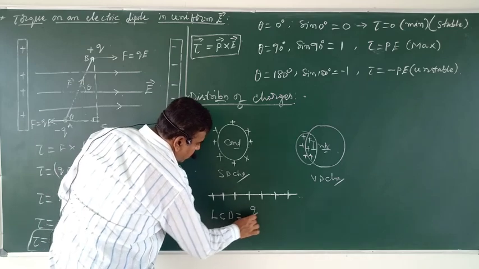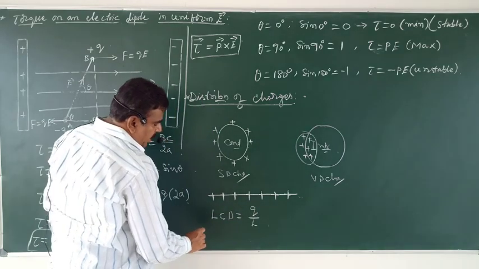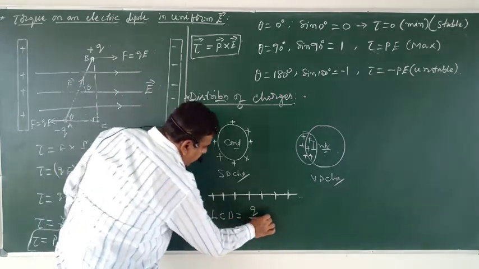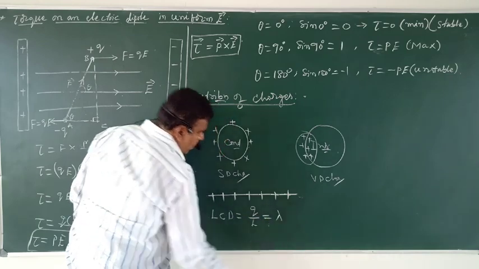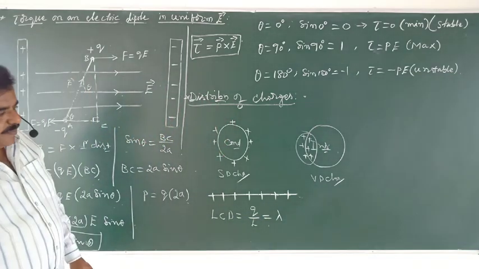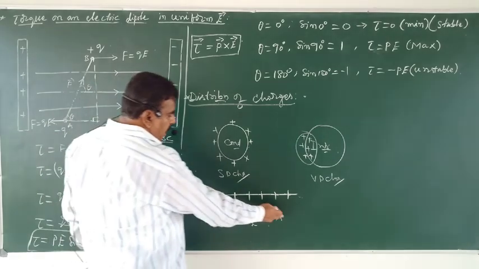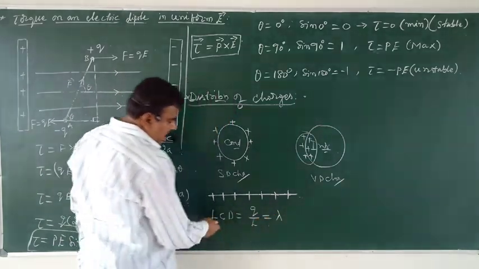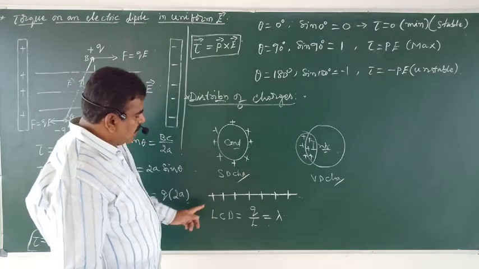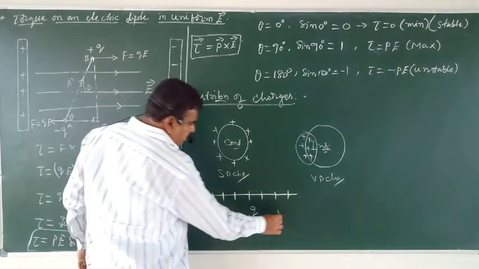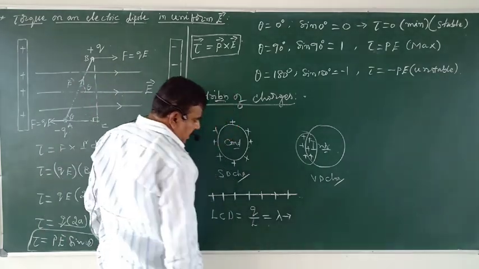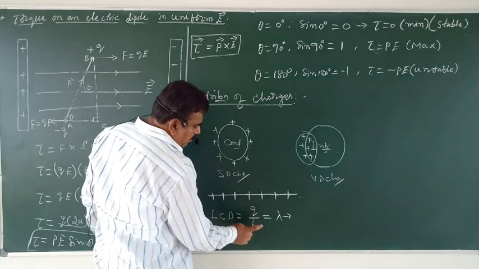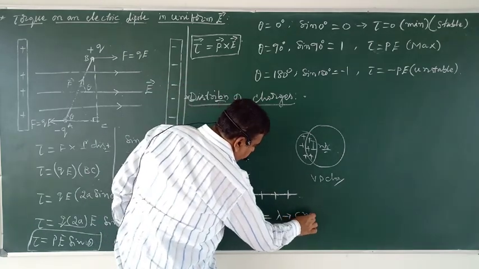It is denoted by lambda. Okay, for simplicity's sake, we are defining these physical quantities. In future, we will come to know much more about all these things. The unit of linear charge density is coulomb per meter.